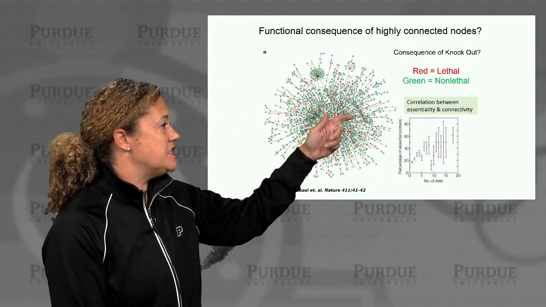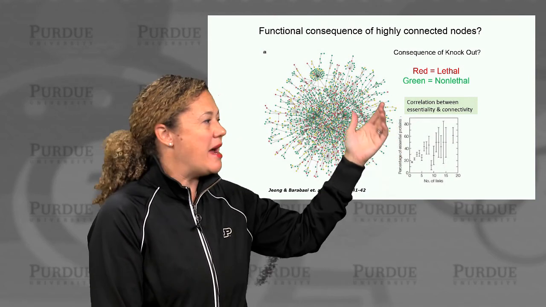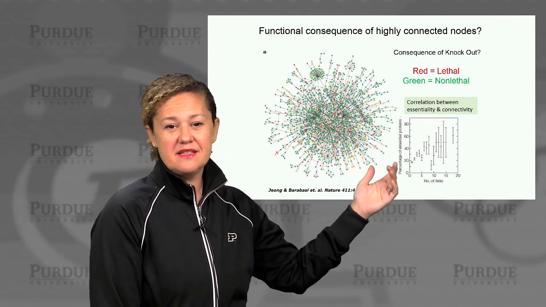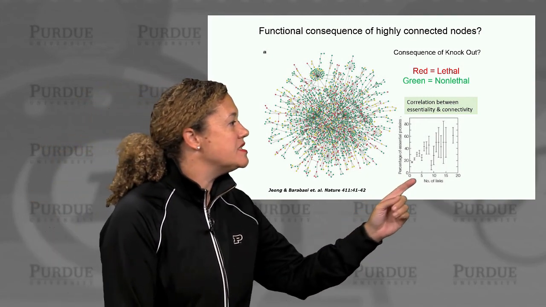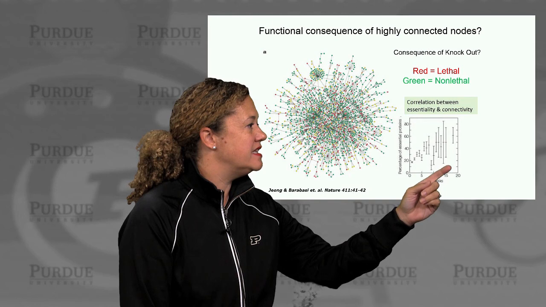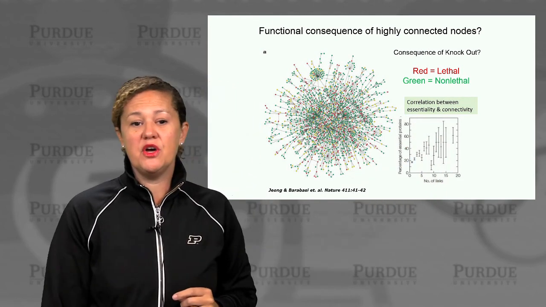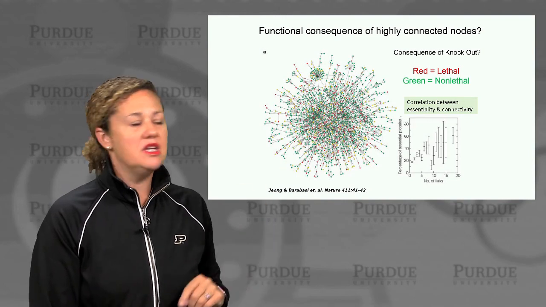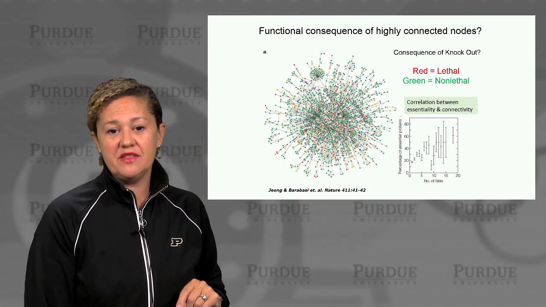So there's a relationship here between how essential that protein was relative to how many connections it made. You can see in the most highly connected proteins here, about 60% of those proteins were essential. In other words, knocking them out had a lethal consequence on the cell.